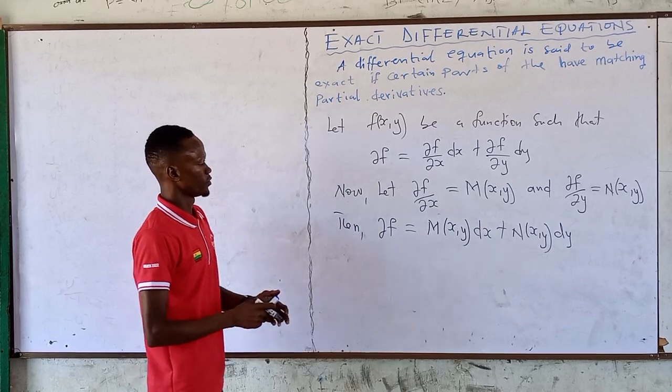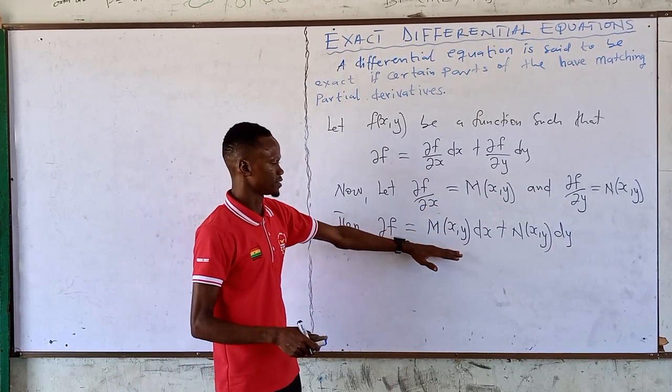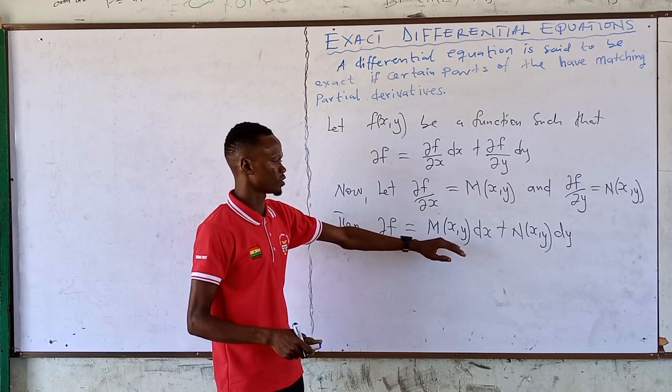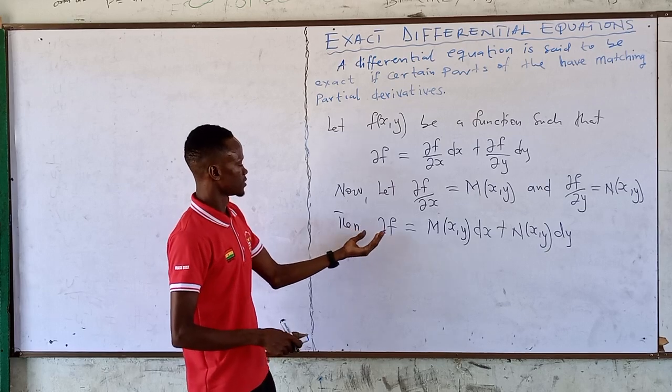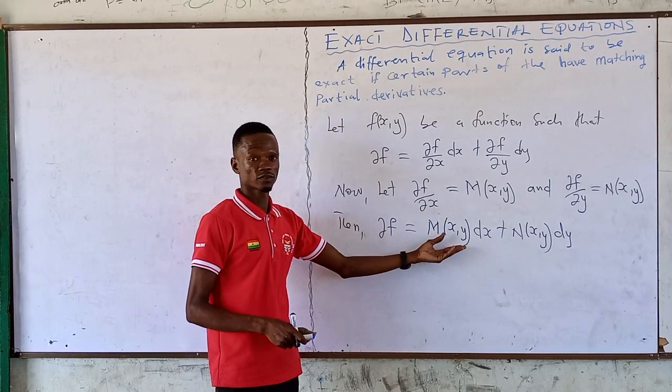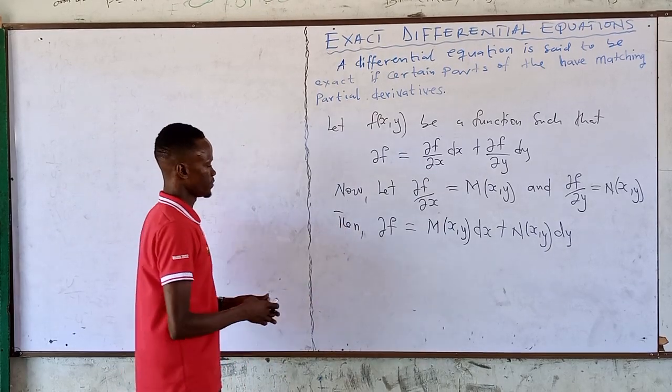And so we have seen that this particular equation has now assumed the form of an exact differential equation. So we can suppose that the total differential of this particular function is 0.